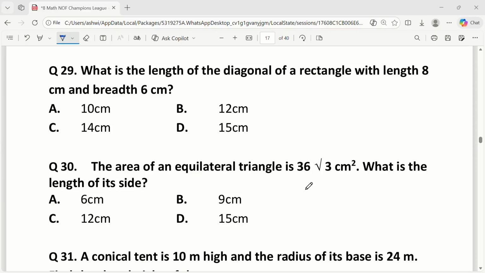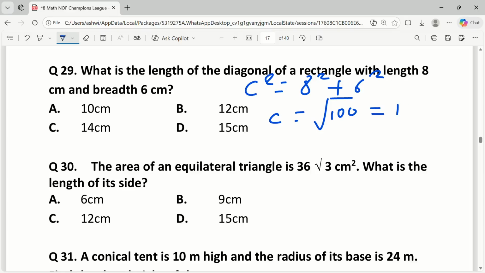The Pythagorean theorem a square plus b square is equal to c square can be used to find the length of the diagonal C. Applying the Pythagorean theorem on given length A as 8 cm and breadth B as 6 cm, we have c square is equal to 8 square plus 6 square, which comes down to c as root 100, which is equal to 10. So the answer is A, 10 centimeters.